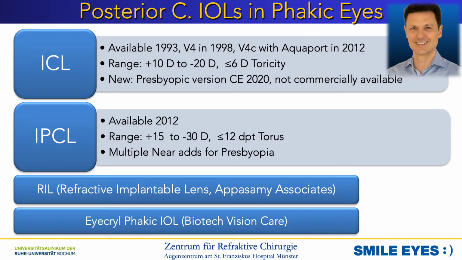The IPCL has been available since 2012 and has a broader range from plus 15 to minus 30 diopters with up to 12 diopters of toricity. It has a presbyopic version with multiple near adds.